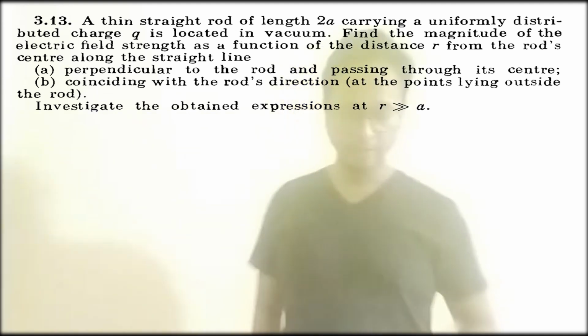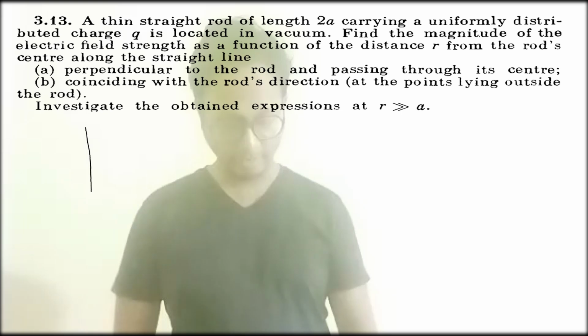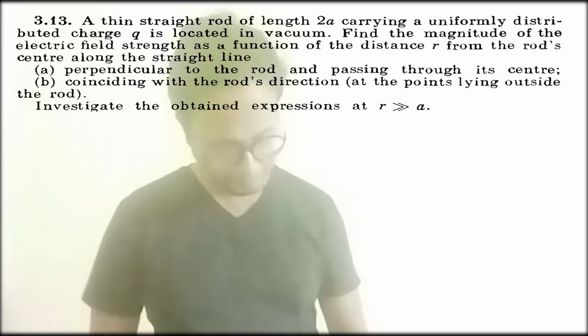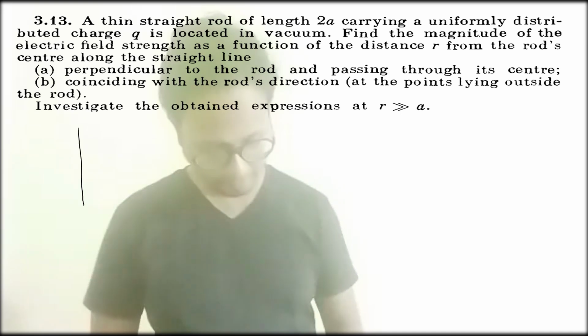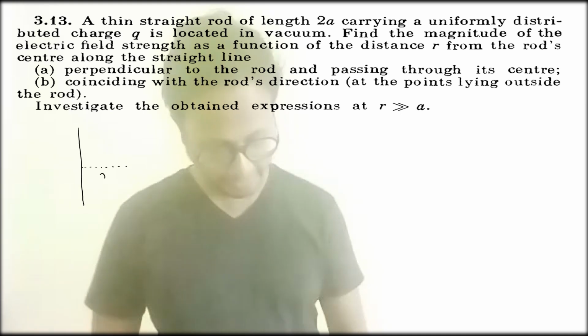So what this question says is that there is a rod of length 2a. Now at the midpoint of the rod, at distance r, we need to find out the electrical field.